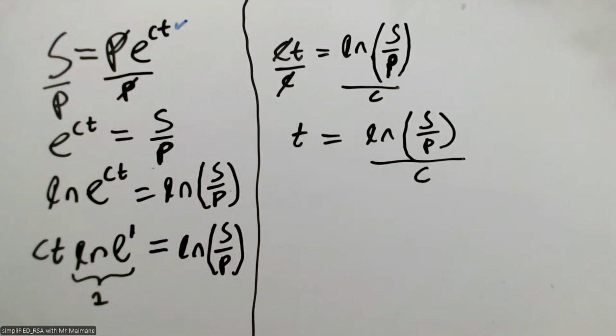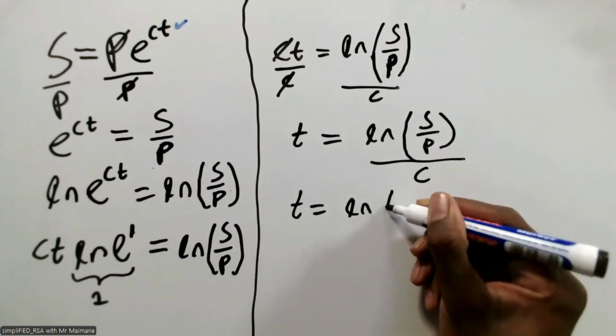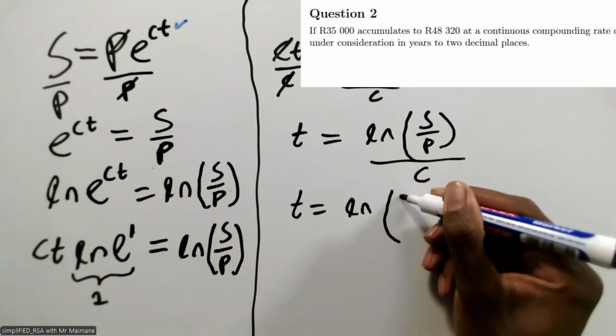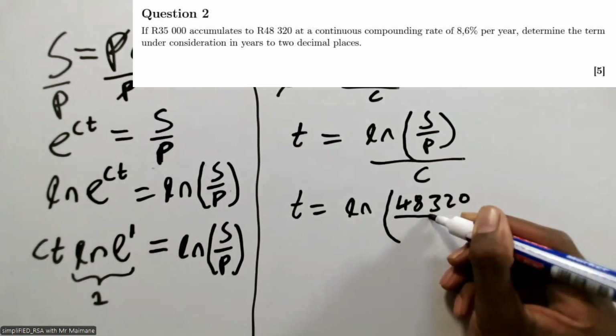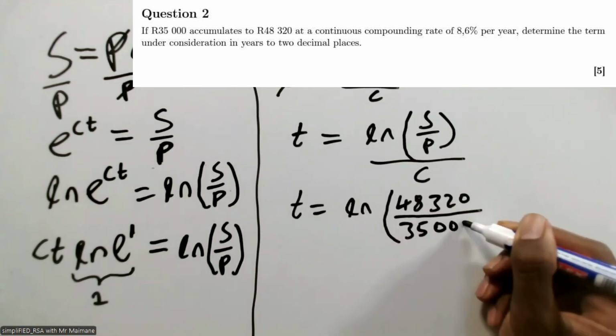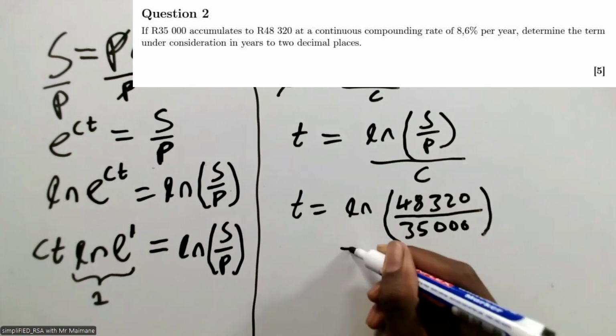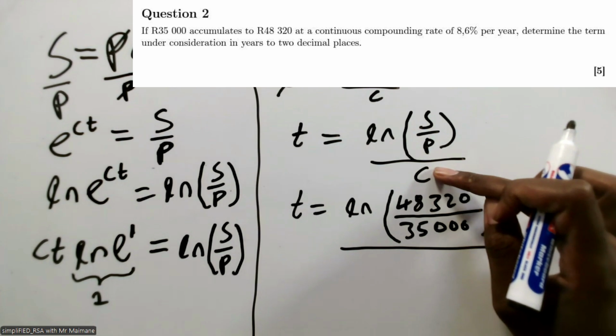Now from here, I can substitute the values that I have based on the question. Therefore, T is going to be ln of the future value, 48,320, over the present value, he invested 35,000, all over the compounding rate, which is 8.6.